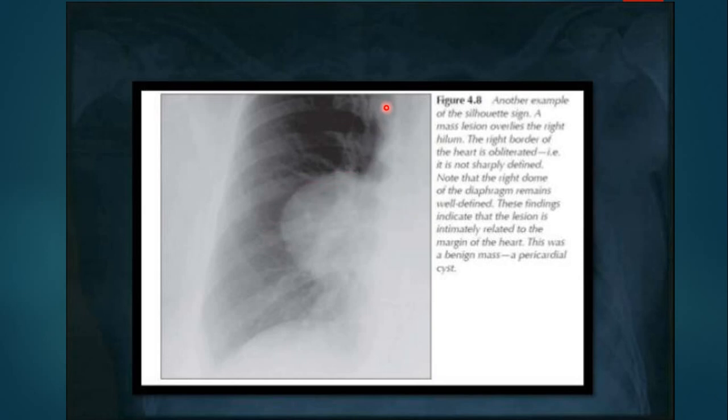While if the angle was obtuse, like wide angle, indicates this, sorry, I think I got it on the reverse. If the angle is acute, then the lesion is in the lung.